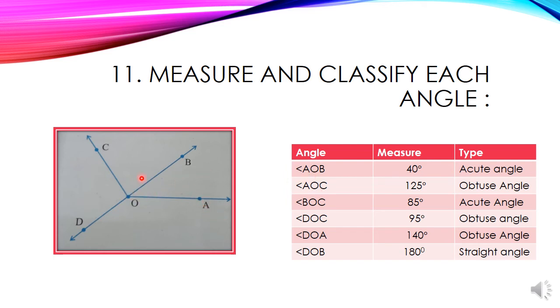When you measure this angle using protractor, we get the measurement 40 degree and it is an acute angle, less than 90 degrees. For measuring, you keep the baseline of the protractor along AO and see which point the second arm OB is marking. So we get it is at 40 degree.